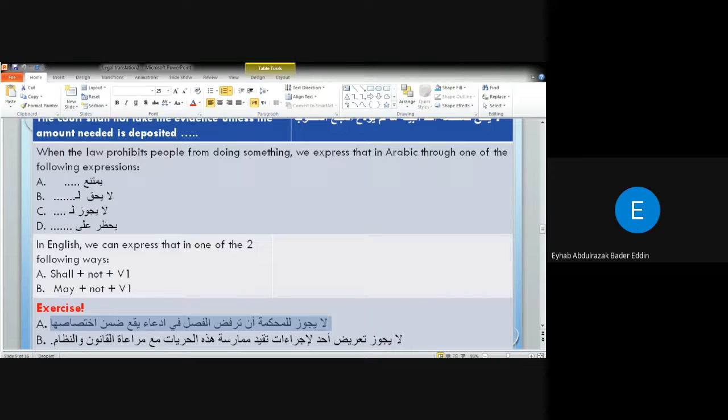Excellent, that's fine. Okay, or we can say another way, which lies within its jurisdiction. Okay, as Jan says, the court may not refuse.